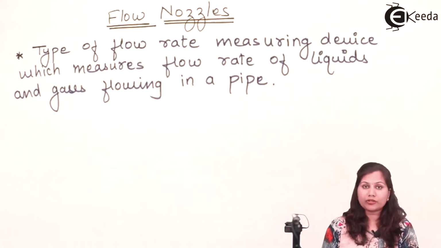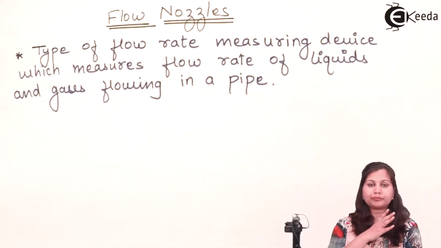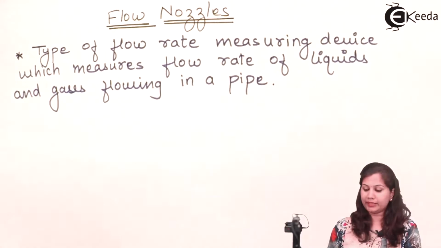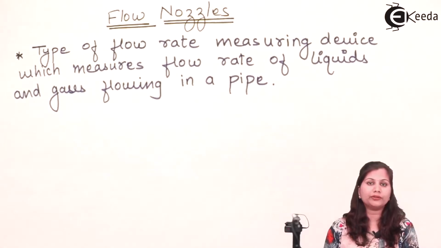It is called obstruction meter because when this device is placed in the pipe in which the fluid whose flow rate we want to measure is flowing, this flow nozzle will act as an obstruction or an obstacle, and due to the presence of this obstacle there is a change in the pressure of the fluid.